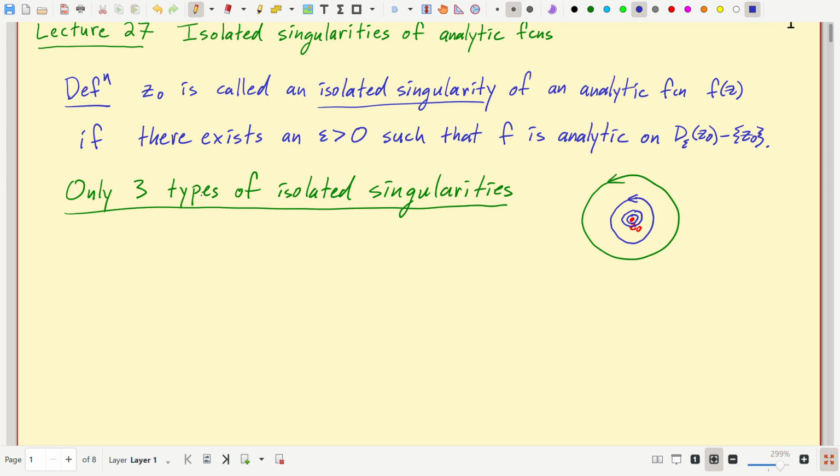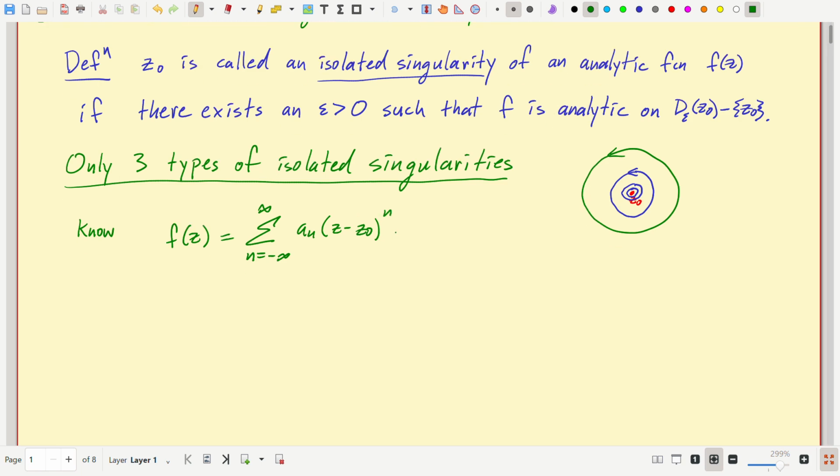So what we know now is that f can be expanded in a Laurent expansion, which is the sum as n goes from minus infinity to plus infinity of a_n (z minus z0) to the n.